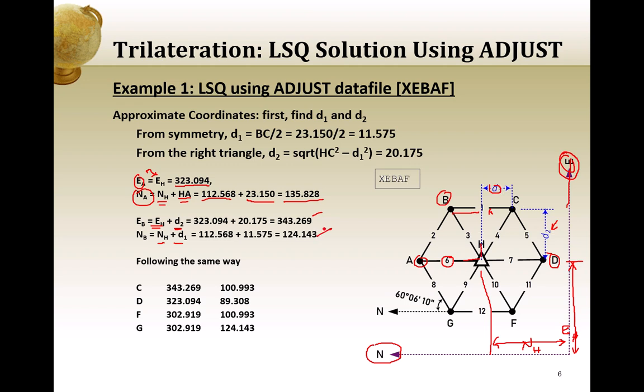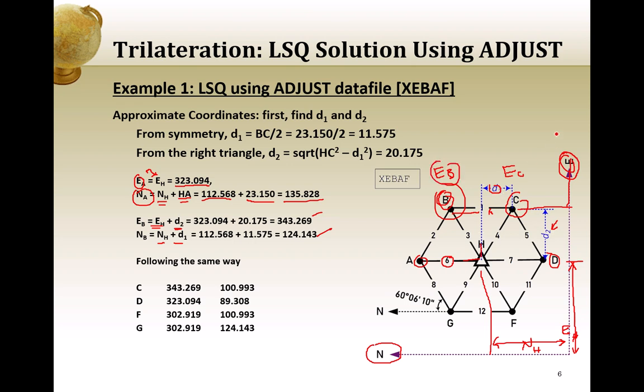The same way, we will be adding or subtracting from the coordinates of point H. And if you want to make it easier, point C is on the same alignment eastwise with point B. So once you calculate the easting of point B, the easting of point C is the same.